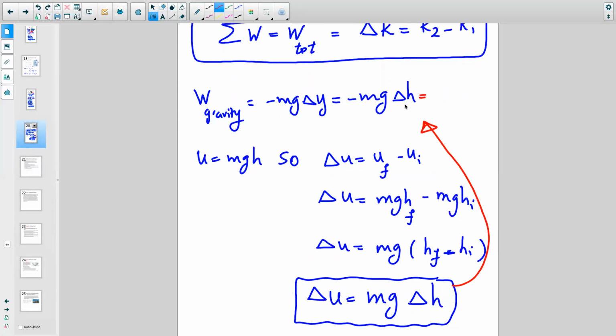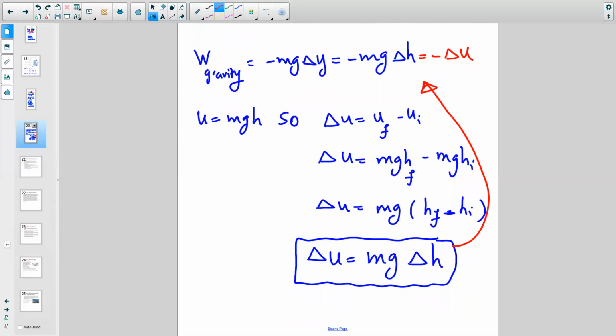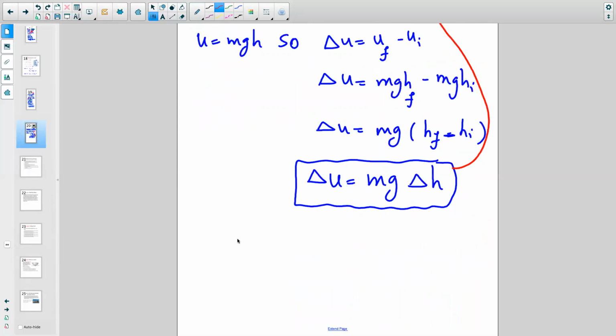Negative mg delta h, positive mg delta h. So I can write this as negative delta U. Okay, so the work done, so important, the work done by gravity is negative delta U.